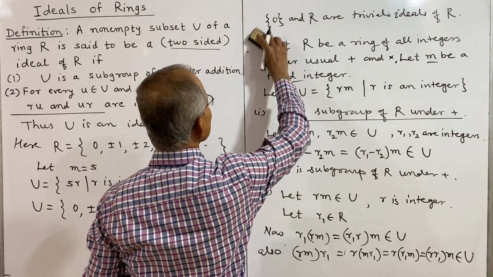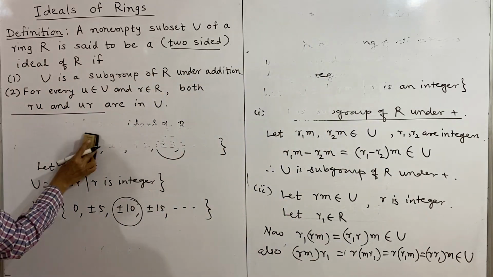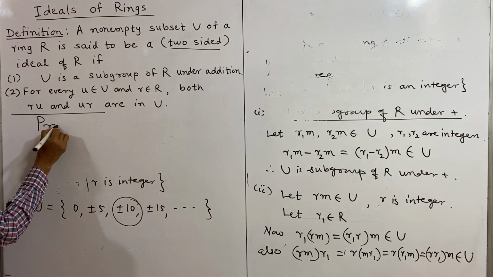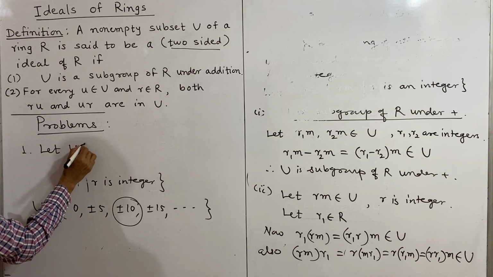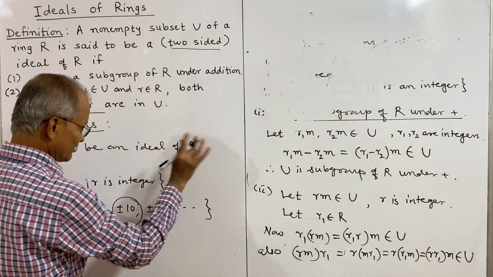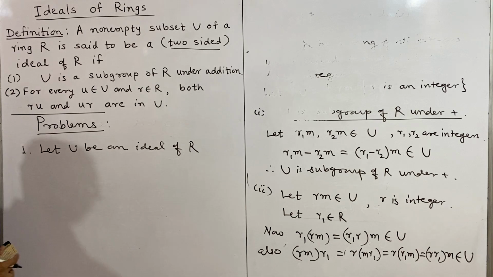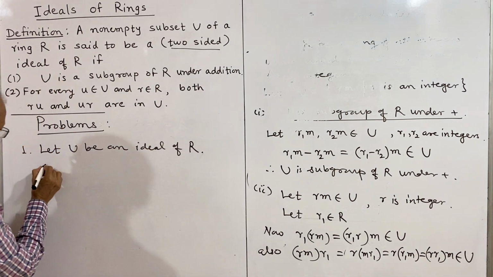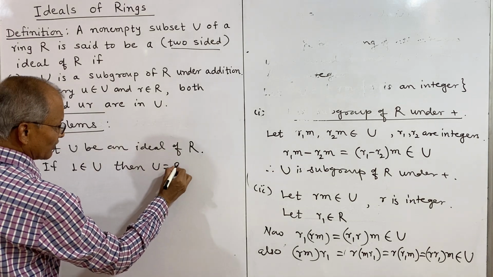Now we shall consider some problems on ideals of rings, and see, the problems are also simple. The first problem: let U be an ideal of ring R, and further, if 1 belongs to U, then U and R are equal.